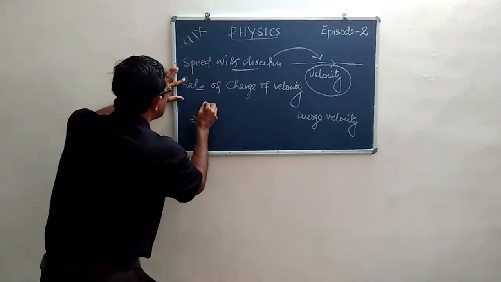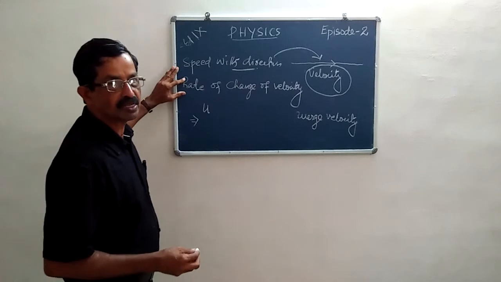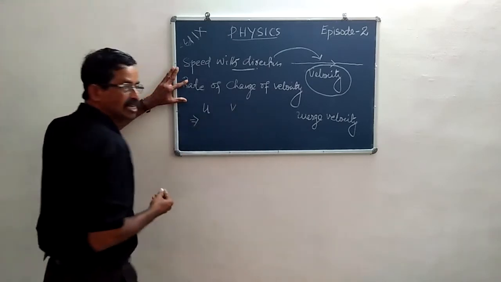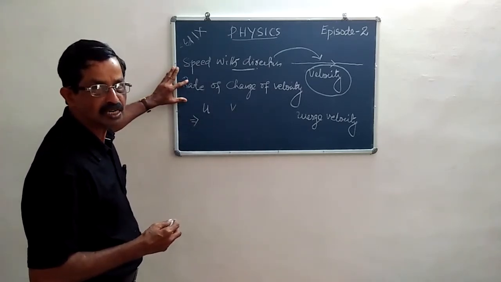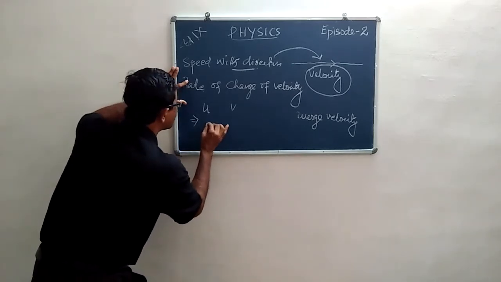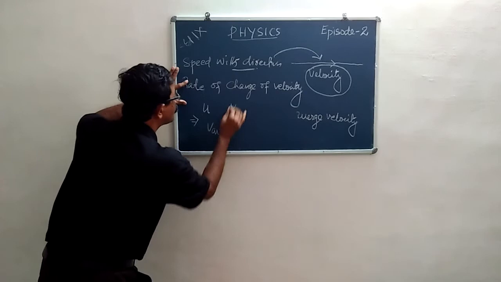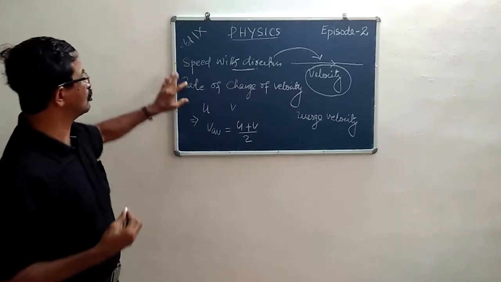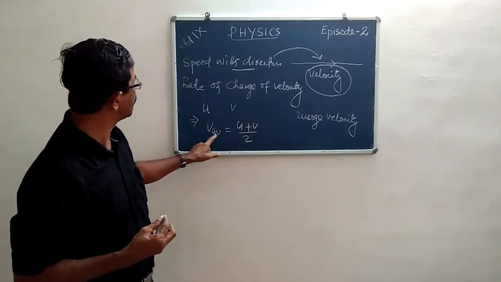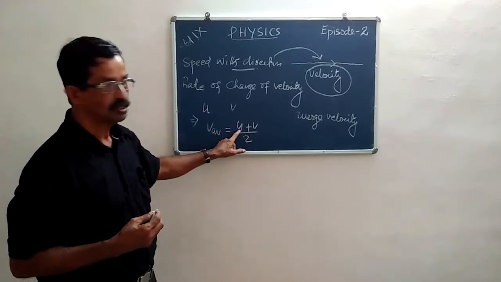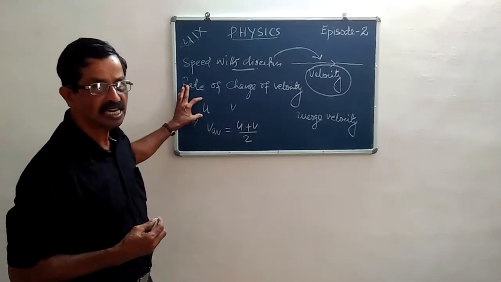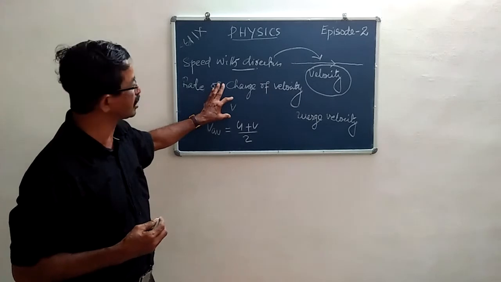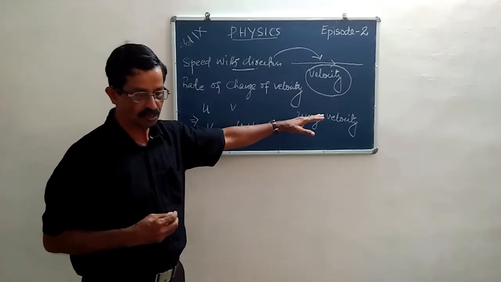Then its initial velocity is represented with u, and the final velocity with v. Then the average velocity, V average, is equal to u plus v by 2. Here u is the initial velocity and v is the final velocity. From this we get the average velocity.